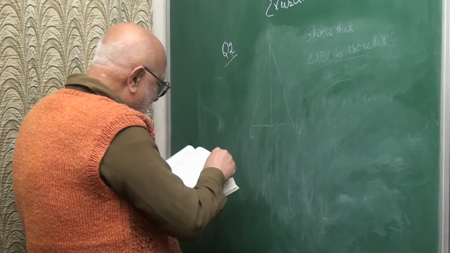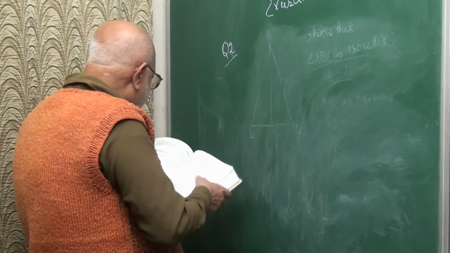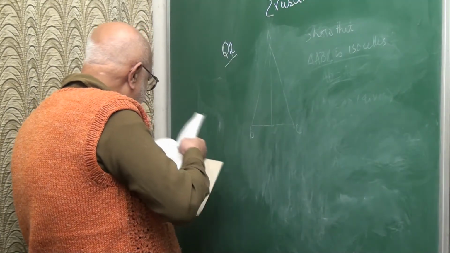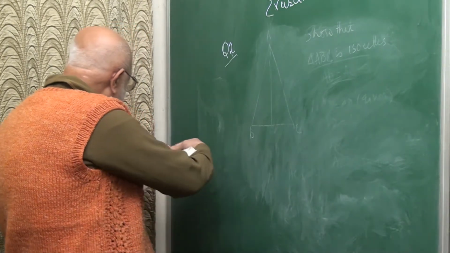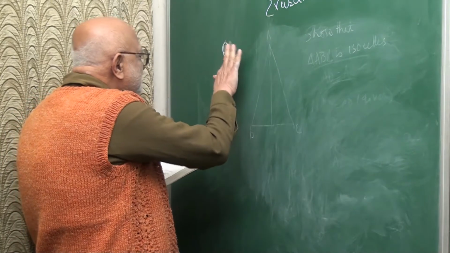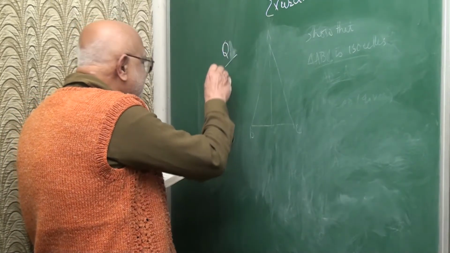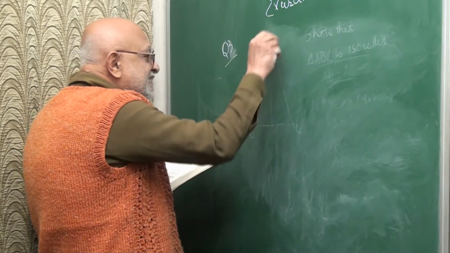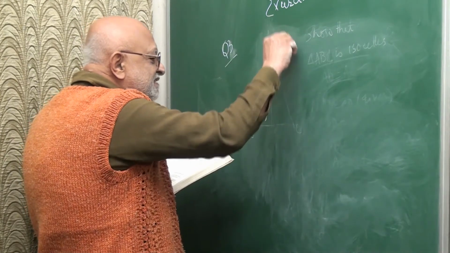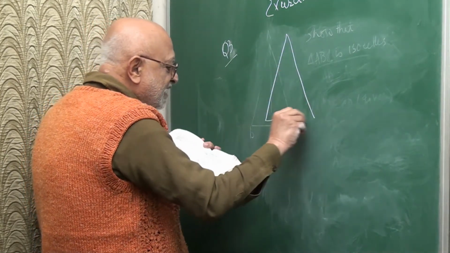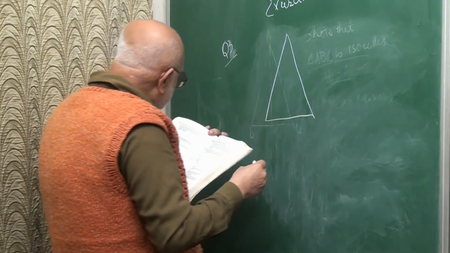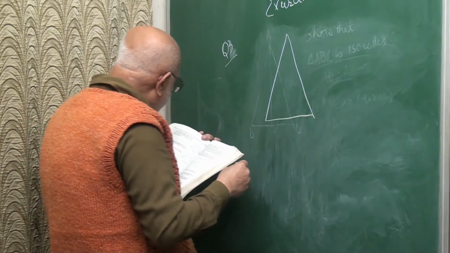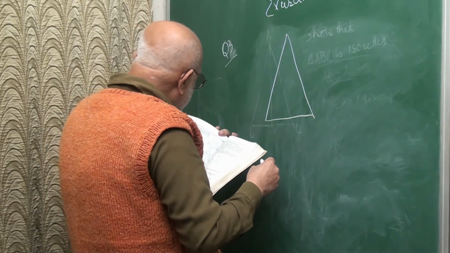Okay, now let us see question number 3. Let us first change these to 3. It again says ABC is a triangle, in which altitudes are drawn on equal sides respectively.